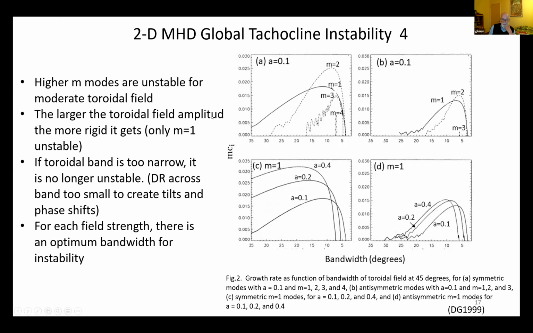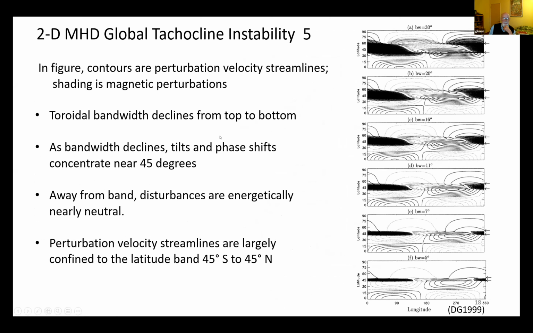Now, just to show you what a typical unstable disturbance looks like there on the right, as the bandwidth shrinks, the magnetic perturbations are all in the shading, and the velocity perturbations are the contours. You can see as you go from top to bottom, you're getting great concentration of the magnetic perturbation.